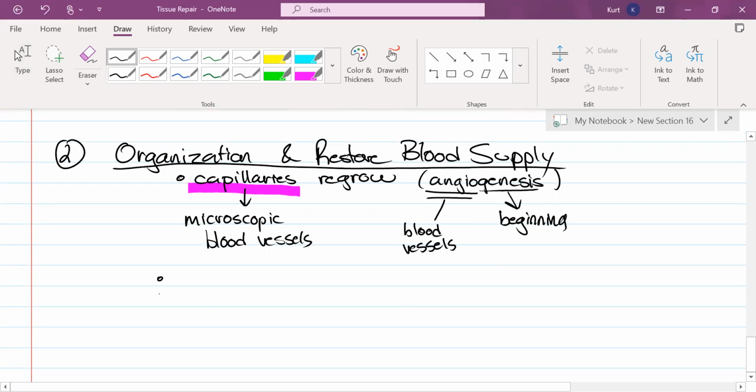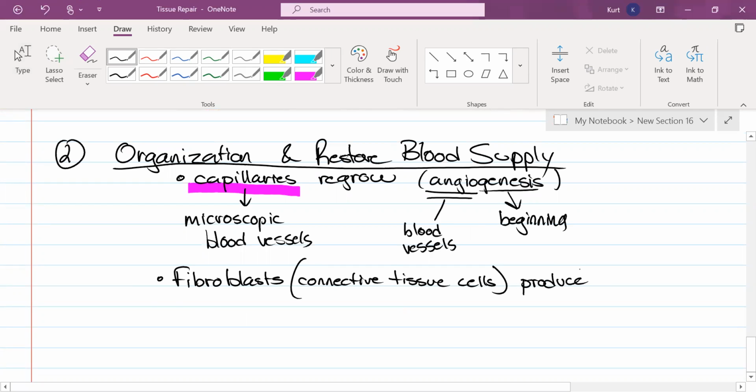Next, here are the cells. Fibroblasts, definitely know these. These are connective tissue cells. They produce collagen fibers to bridge the wound.